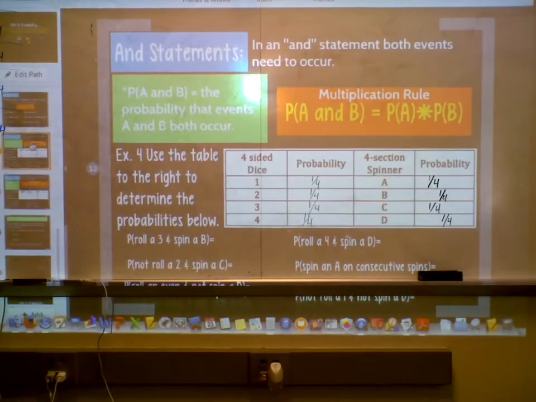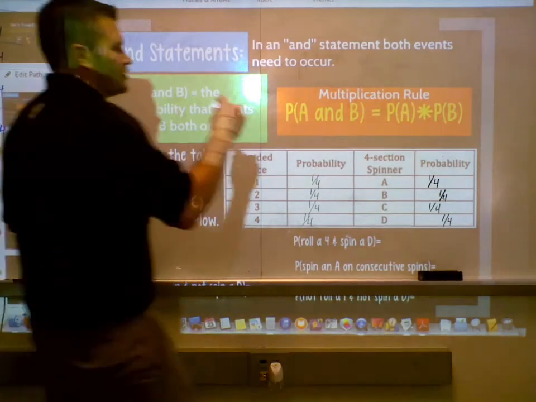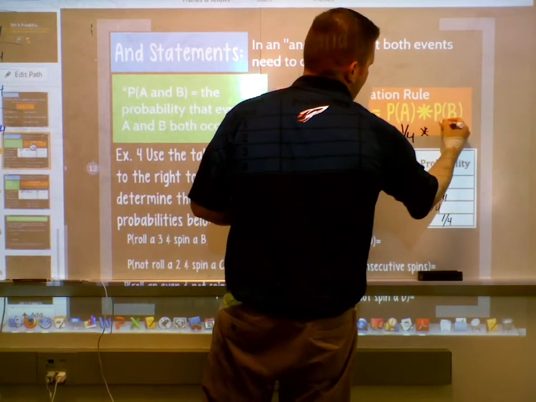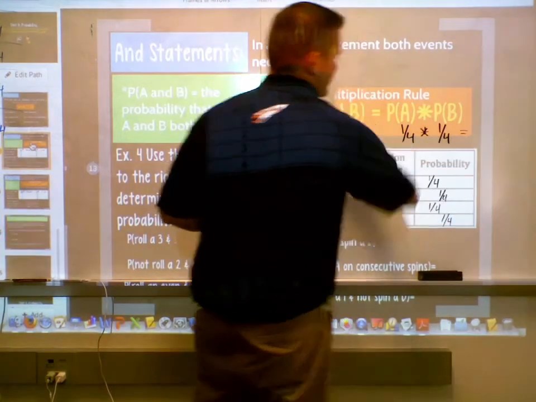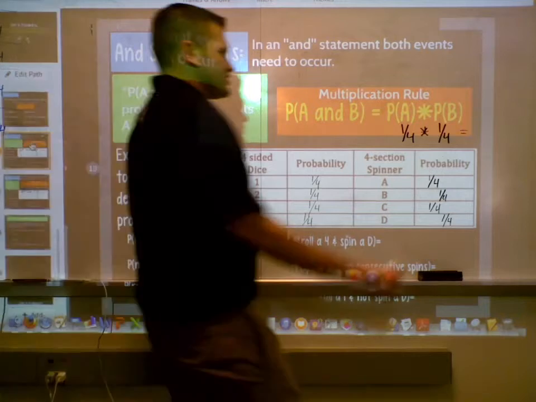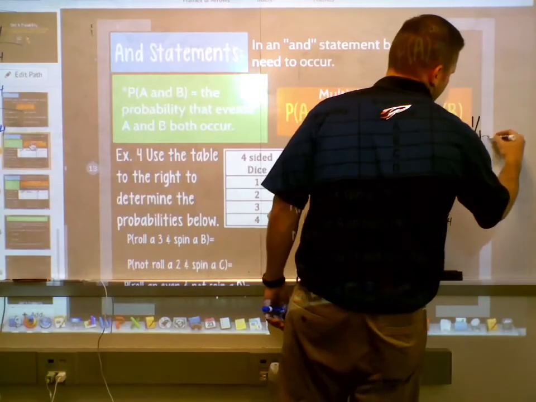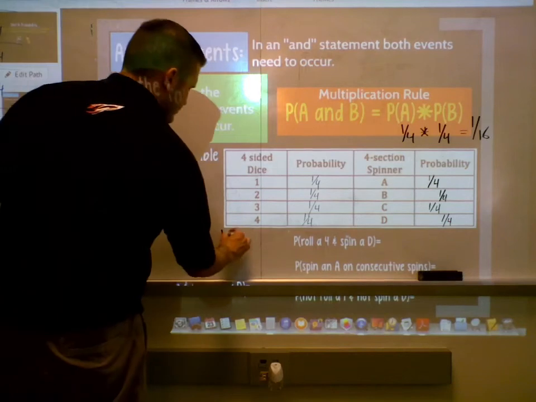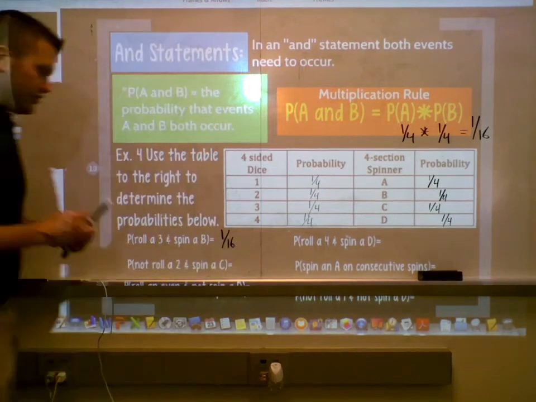What is it, Bruno? 1 over 16. Because when multiplying fractions, you multiply across the top, 1 times 1. You multiply across the bottom, 4 times 4, 16. So we get 1 over 16. Does that make sense? If you need to use your calculator, that's fine.